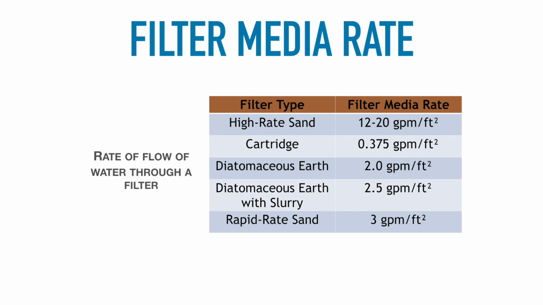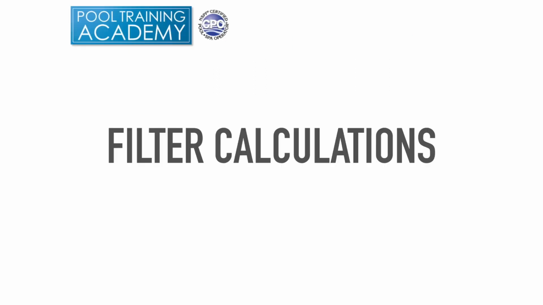Now, if my high rate sand filter is only able to push, let's say, 12 gallons per minute through its square foot of space, is that going to cut it? Absolutely not. So we need to have multiple square feet of sand in order to get our flow up to that 92 gallons per minute. And this is where we talk about our filter sizing calculation. This is where that information comes into play.